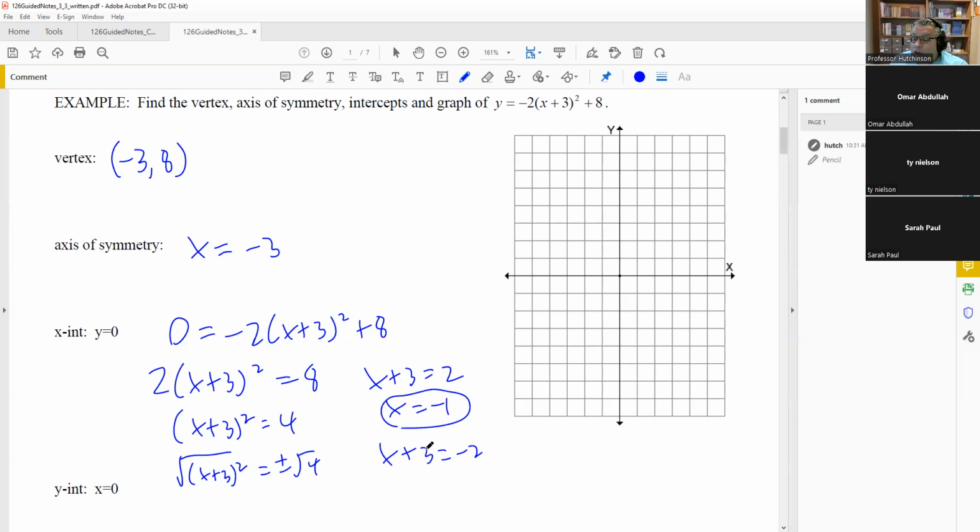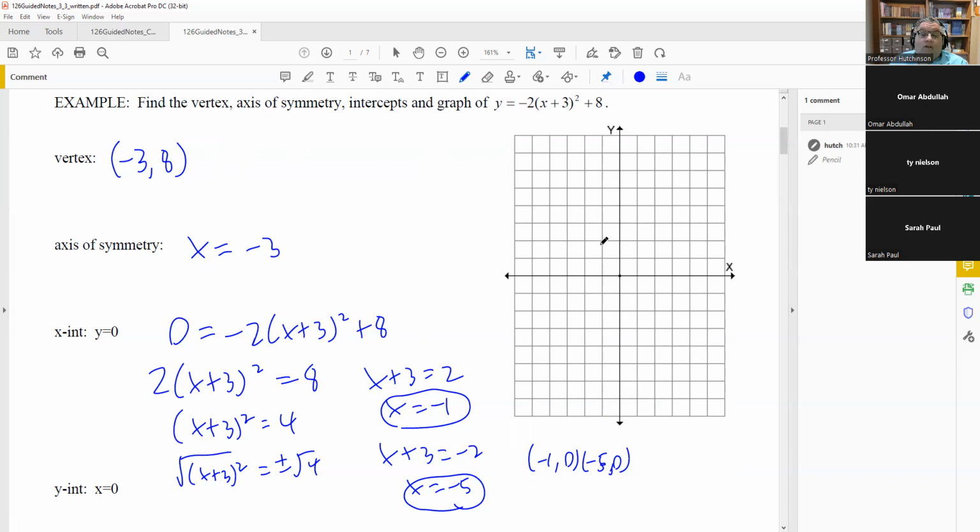For the other one, subtract 3 and we get negative 5. So you get negative 1 and negative 5. As coordinates, they would be (-1, 0) and (-5, 0).